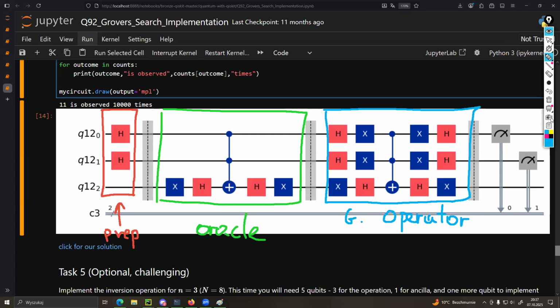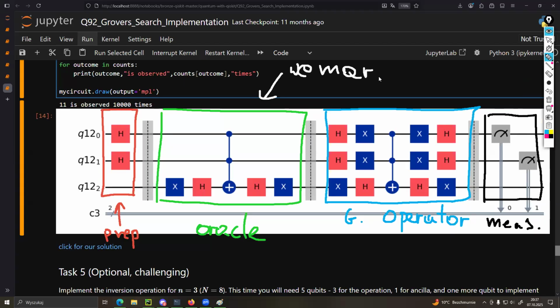And here is the final step, which I will make black because black and white looks pretty nice. And this is our measure. And as you can see, since we marked 1, 1, look what happens after all of this processing.